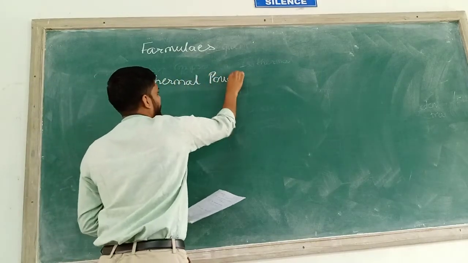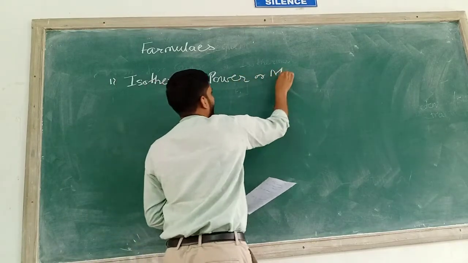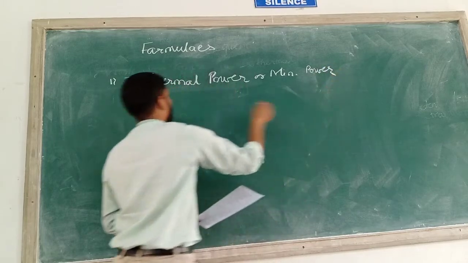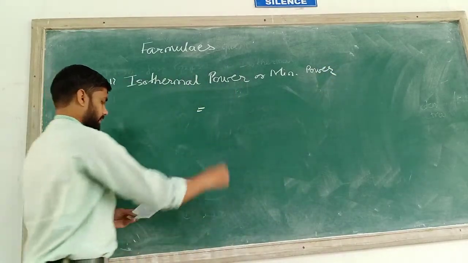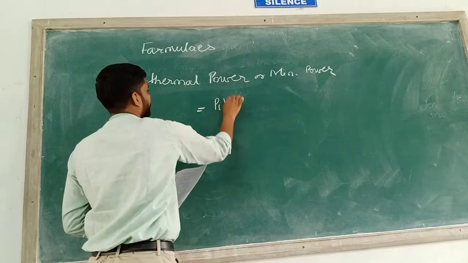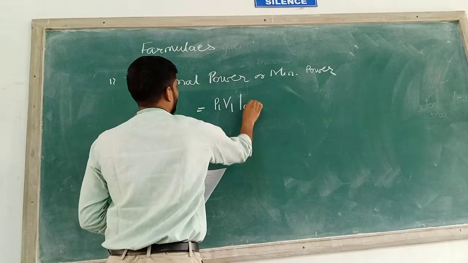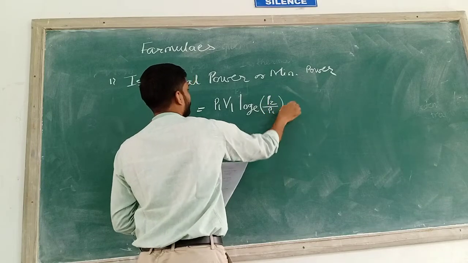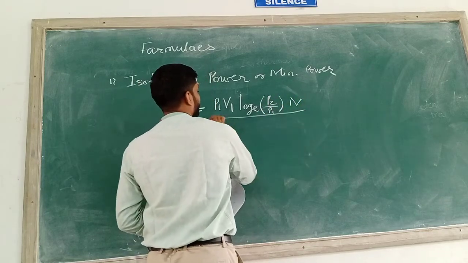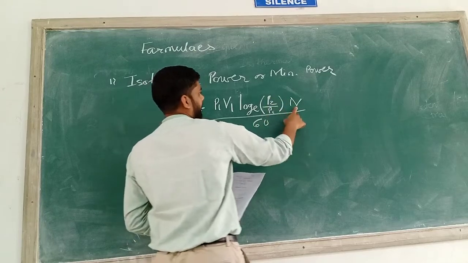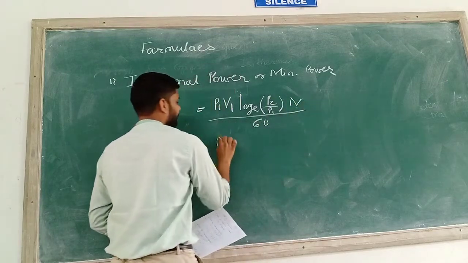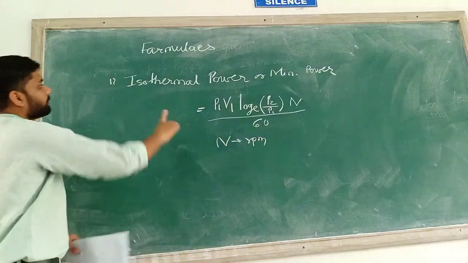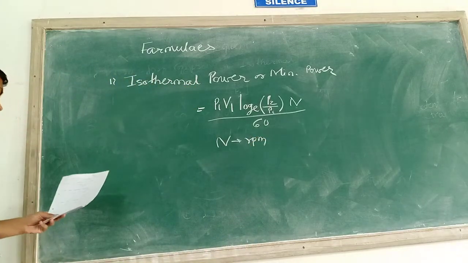Isothermal power or minimum power to run the compressor has the formula P1 V1 log base e P2 by P1 into n upon 60, where the value of n is given in RPM. So this is the formula for isothermal power or minimum power.